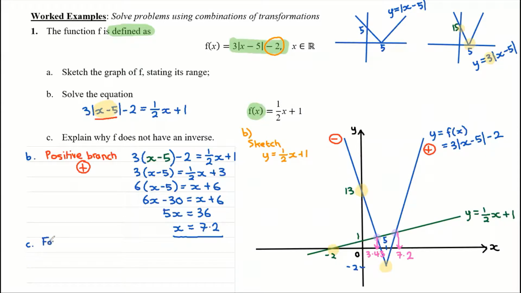So for a function to have an inverse, it must be 1-to-1, as in a 1-to-1 mapping.